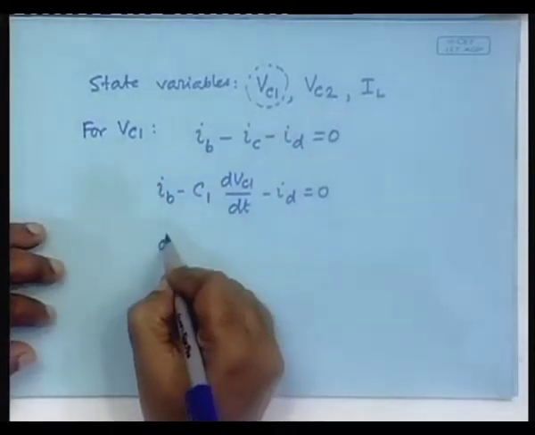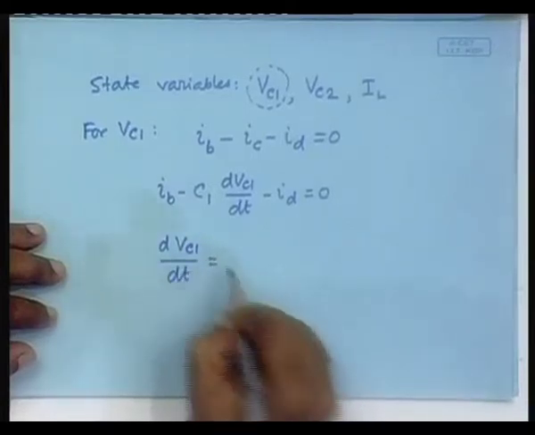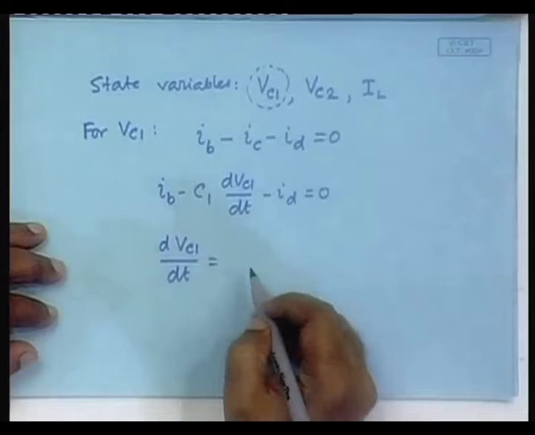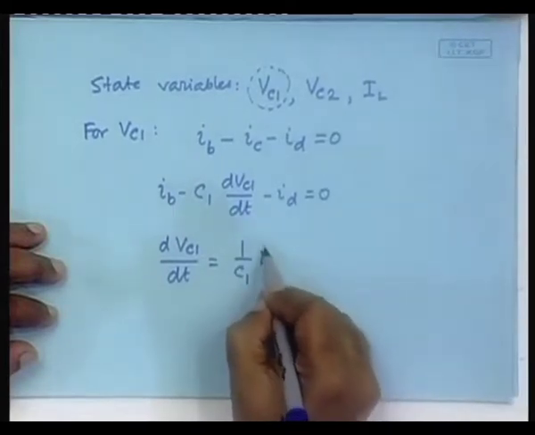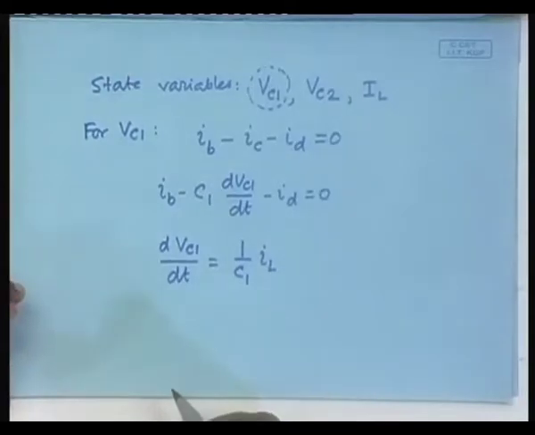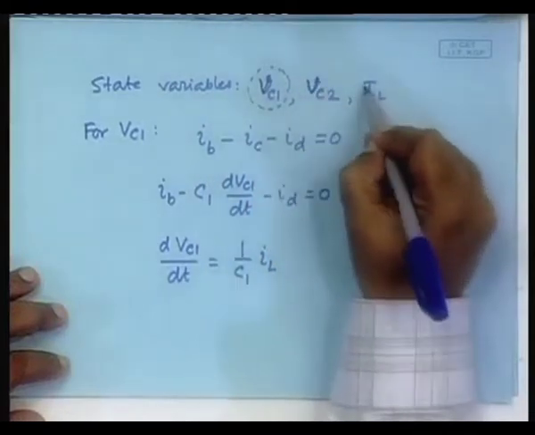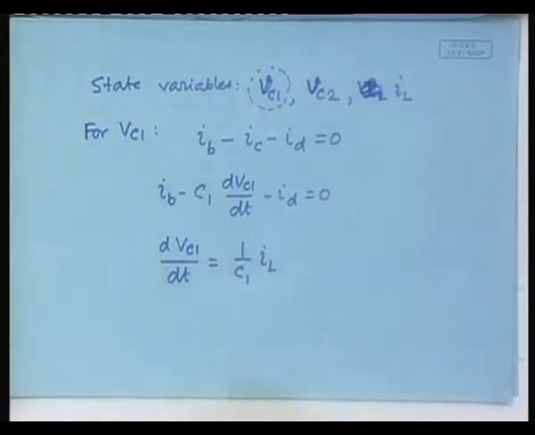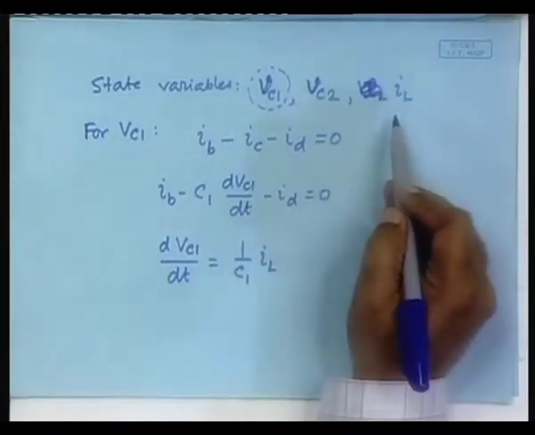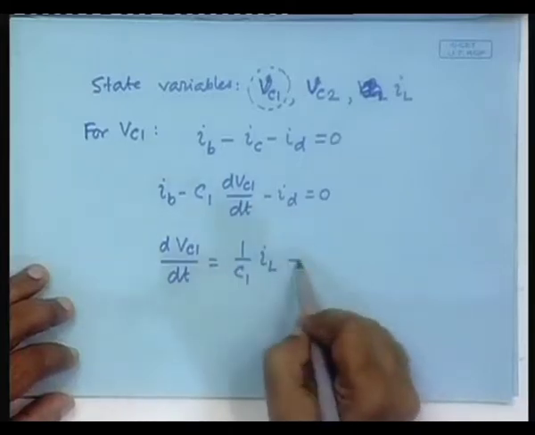So, dVC1 dt is equal to 1 by C1 times, now I can write it as IL, this should all be small letters because these are variables, sorry, capital letters imply fixed values, IL minus ID.